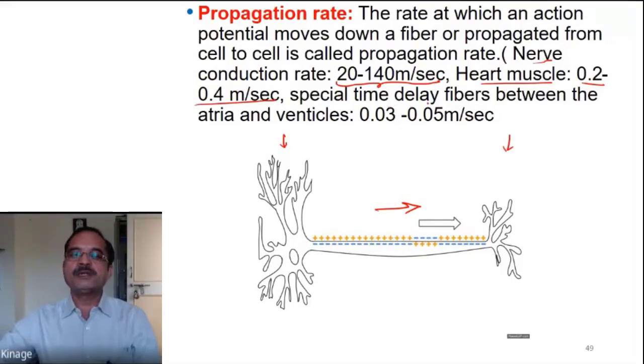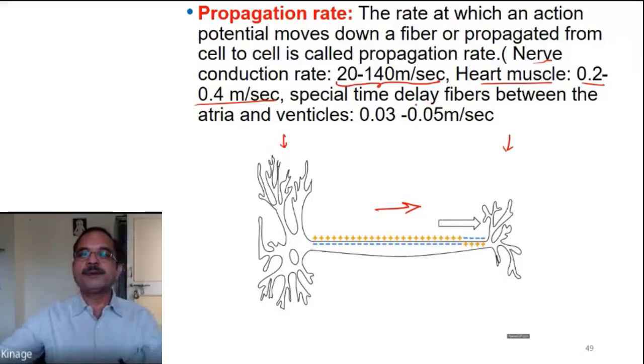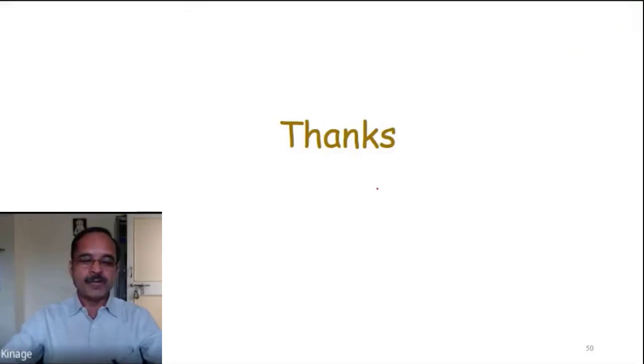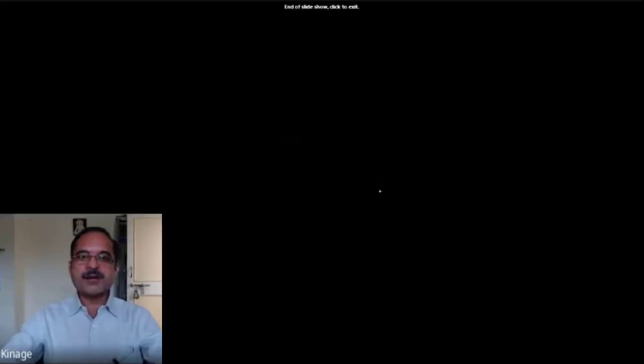For the special time delay fibers between the atria and the ventricles, it is 0.03 to 0.05 meters per second. So these are the speeds with which the potential propagates from one cell to the other. Okay, so this completes this part of the presentation.